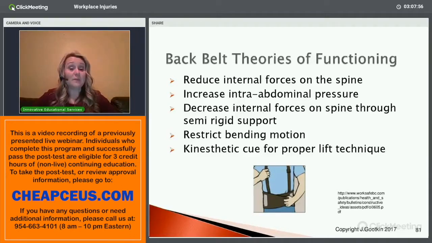If you ever put one of these back belts on, number one, it needs to be in the correct place. And when you put it on, it really doesn't limit forward bending. It actually primarily is going to decrease lateral bending, and to some degree it may decrease rotational force. So it really didn't achieve its goal of limiting forward flexion.